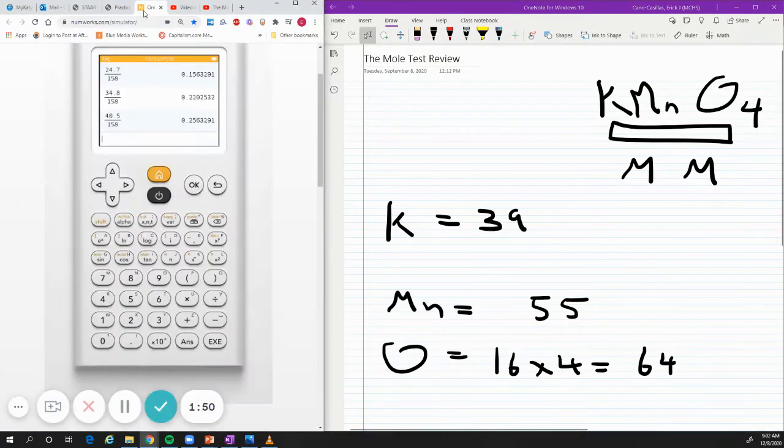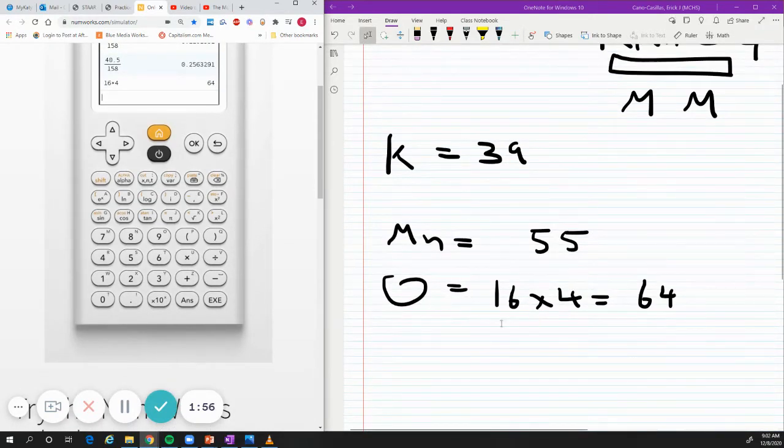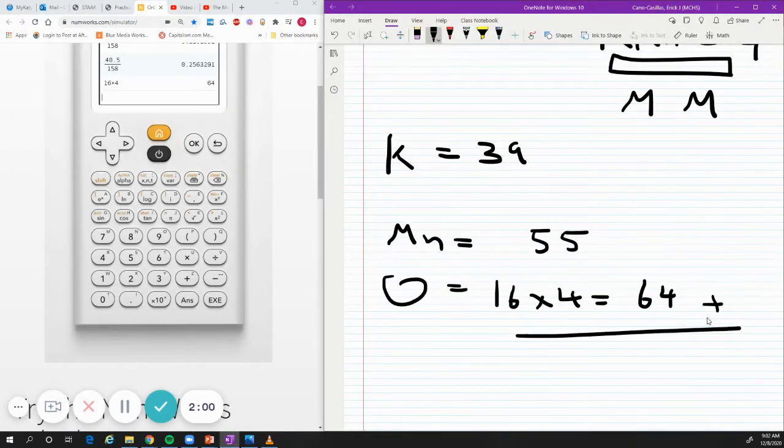Yeah, 64. But really what we want to do is add all this up to get the molar mass. Go to your calculator: 64 plus 55 plus 39 gives me a total of 158 grams total.